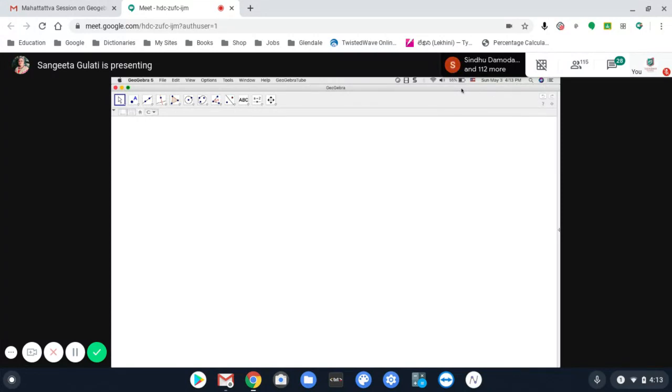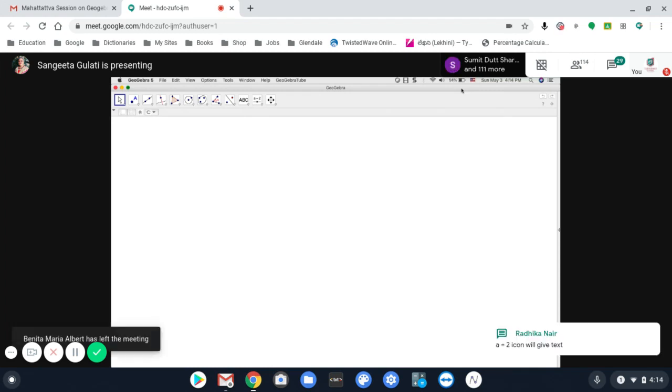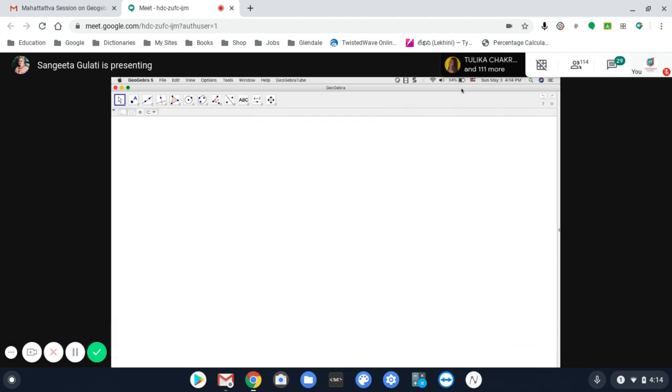Because the whole essence of GeoGebra is to have a certain exploration setup, so that students can make certain conjectures, and then they can explore and discover certain results rather than being given those results. So since we have talked about triangle right now, let's see how we can get the centers of the triangle.